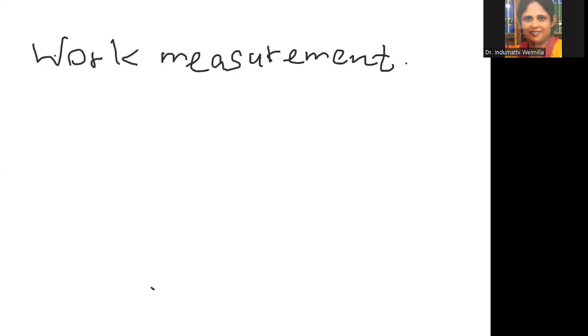Before moving to the time study, there are some general steps of procedure that we can apply to measure work.